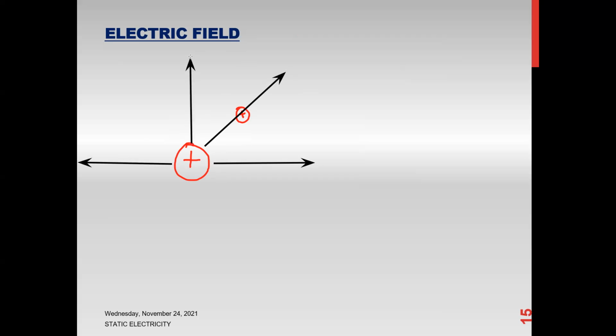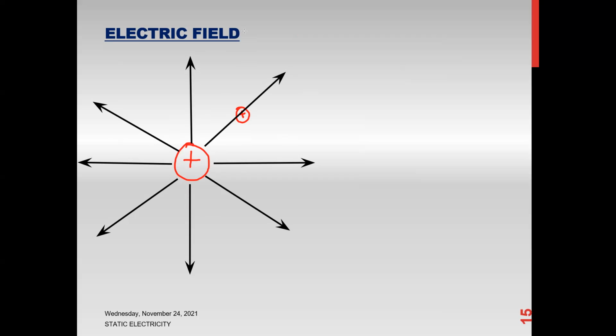And how do we represent a region? For example, if I have a positive charge and near it I place another positive charge, what will happen? We know like charges repel each other, so this positive charge will repel. That's why, whenever we have a positive charge and we draw the electric field lines, these are lines which show the field strength and the direction of the field.